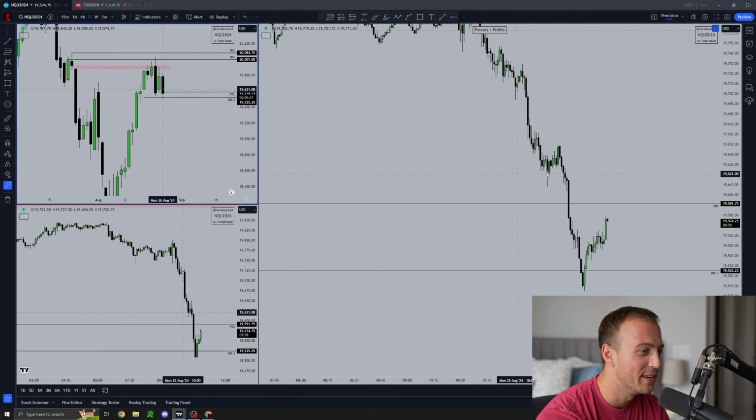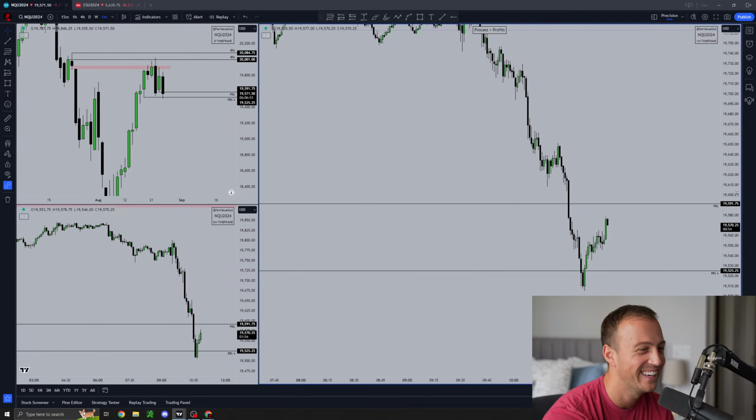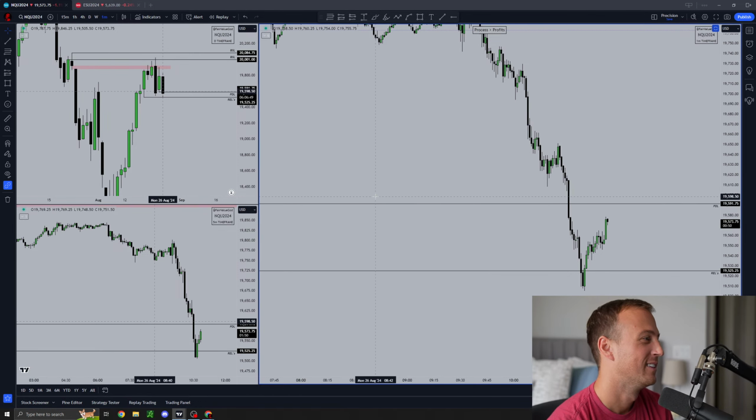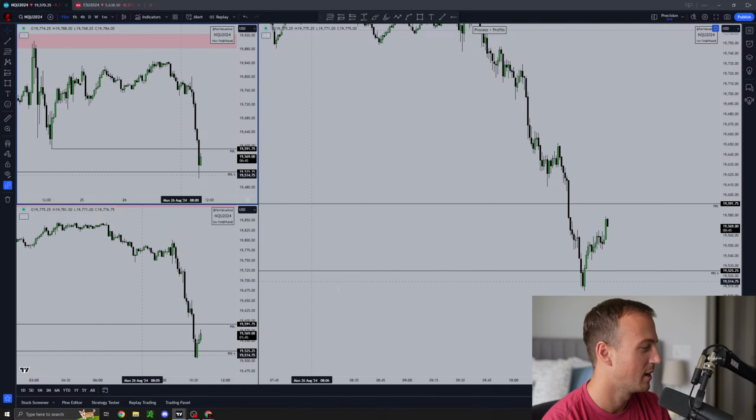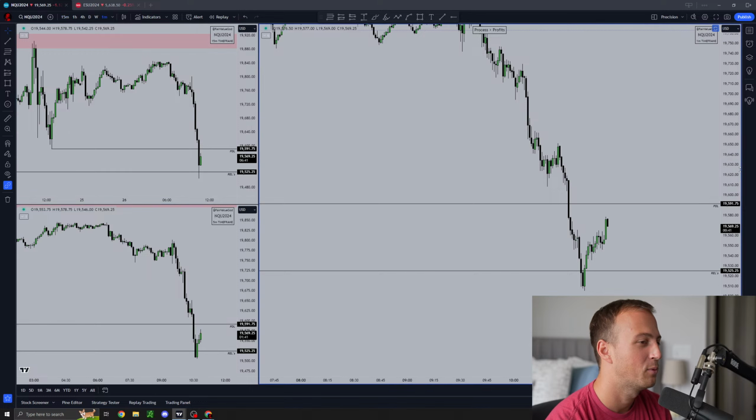Just sit on a 1 minute chart and everyone's staring at my screen looking at the 1 minute candles. That's not how I trade, so let's look at the smaller time frame for a sec. We're digging into this 5 minute here. At this point in the day, mark this out.